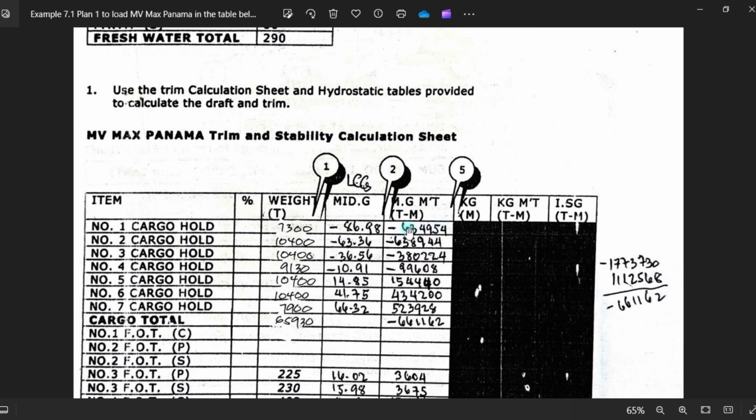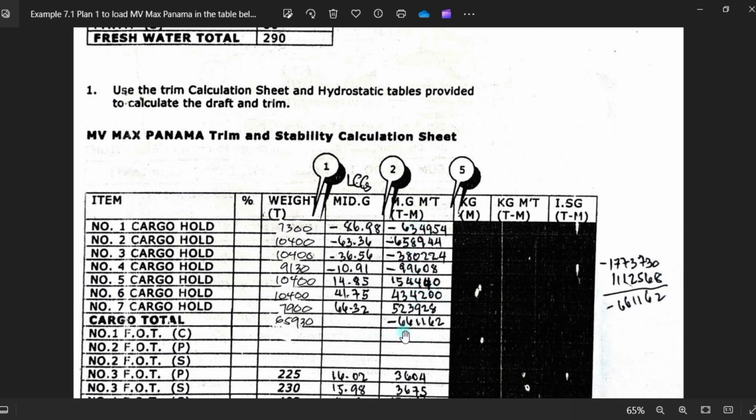That is positive because the LCG here is positive, so the answer would be positive. So with number 2, the weight times the LCG will be your longitudinal moment, which is also negative because you have a negative here. This is the total, and so forth until you have all the longitudinal moments.